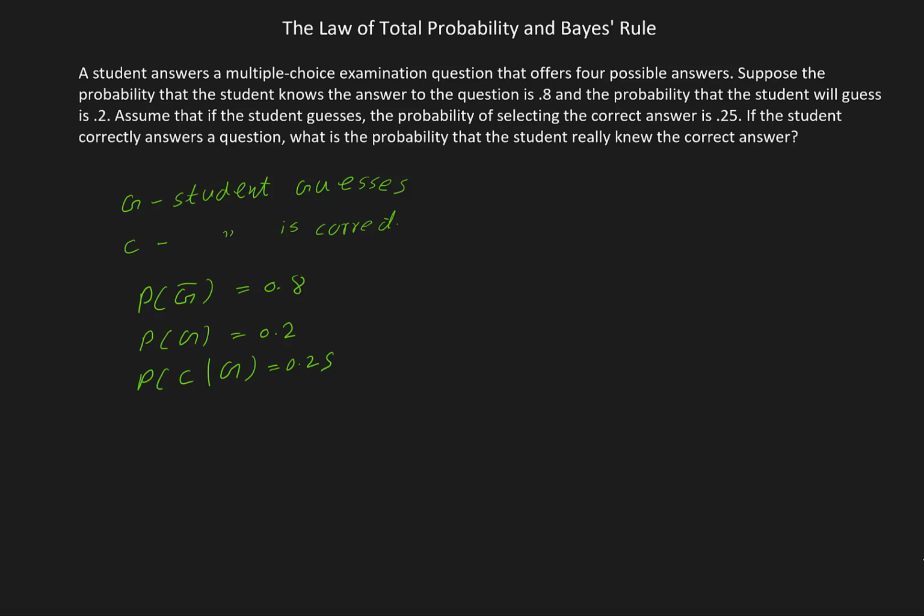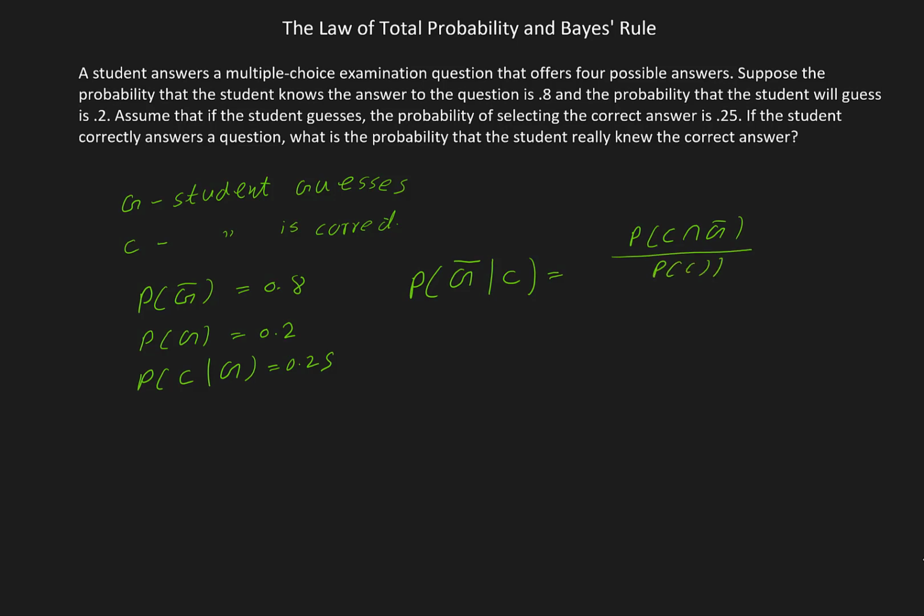That means the probability that the student knew the correct answer, and also C, the student is correct. That is the given part. So this is the probability of C and G complement divided by the probability of C.